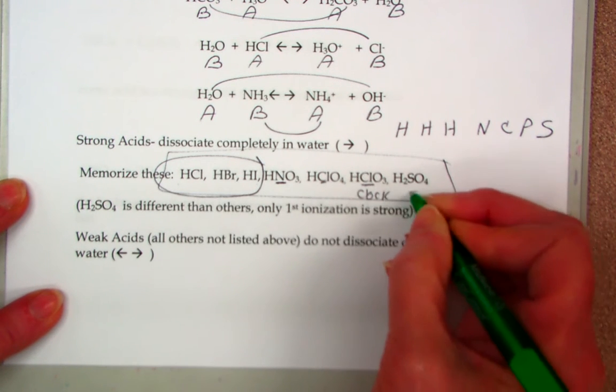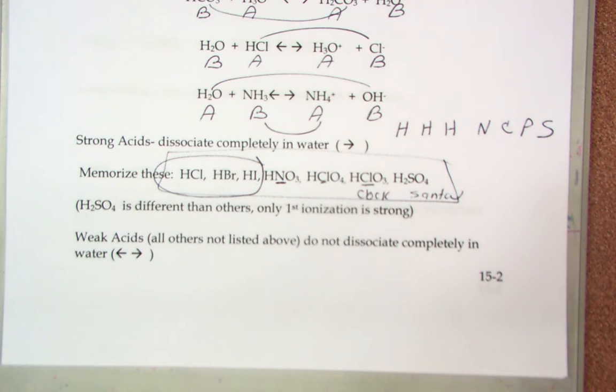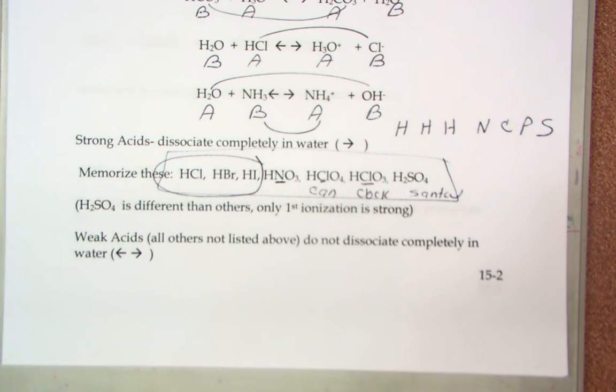Nobody can clock Santa? There is a phosphoric acid. It is not a strong acid. Nobody can clock Santa. Yeah, I'm curious about that. I don't know what the P is for. What do you think, was it phosphoric? Phosphoric acid is not a strong acid.